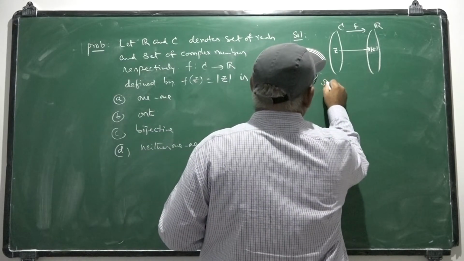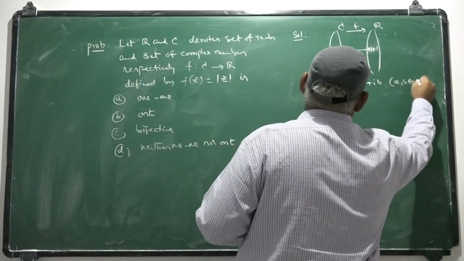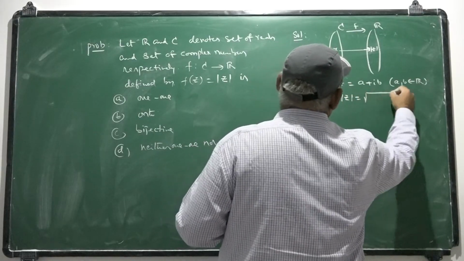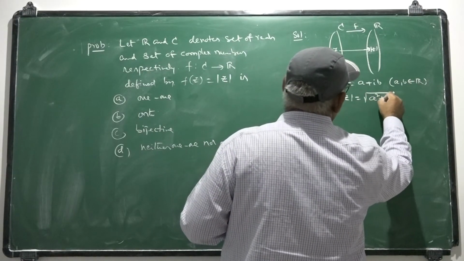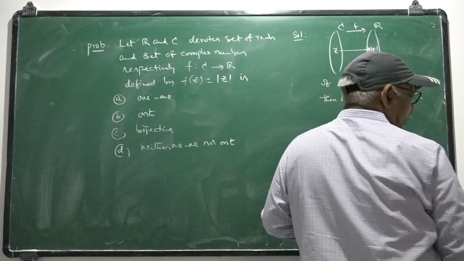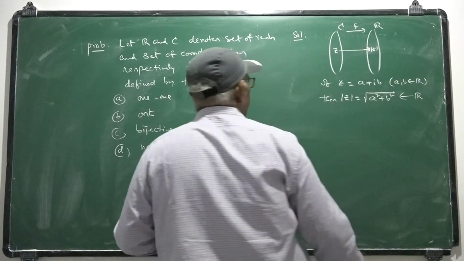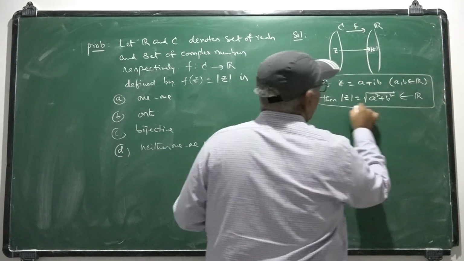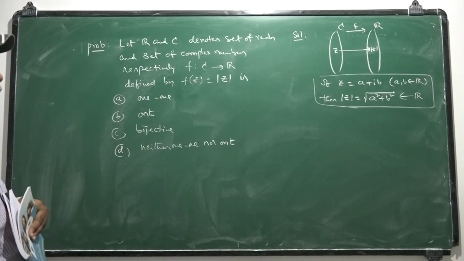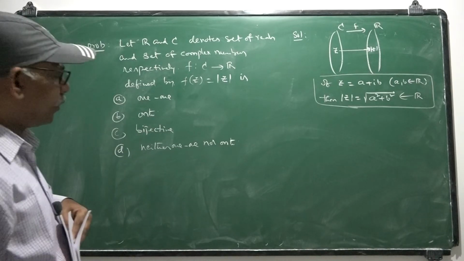That means if z is a plus ib, where a, b belong to R, then mod z is the modulus of a complex number, square root of a square plus b square, which belongs to R. In such a case, the given function f of z equal to mod z is either one-one, onto, bijective, or neither one-one nor onto.